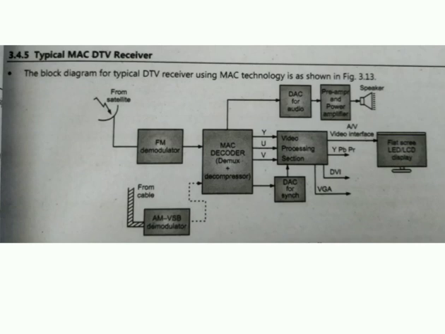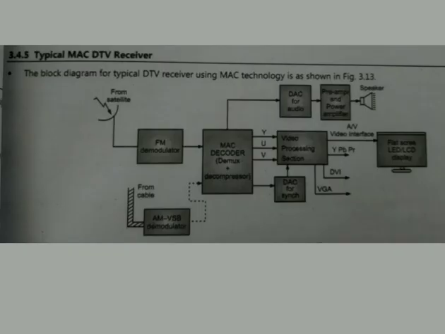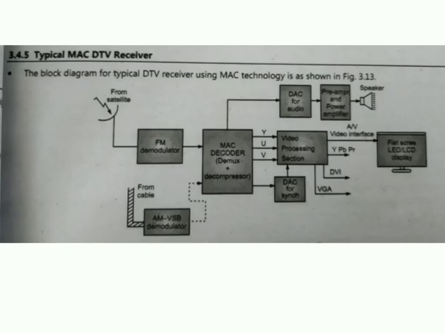The decompressed video signal from the MAC decoder is processed in the video processing stage, and the decompressed synchronization signal bit stream from the MAC decoder is converted back into analog by a D2A converter, and then further processed in the video processing stage.